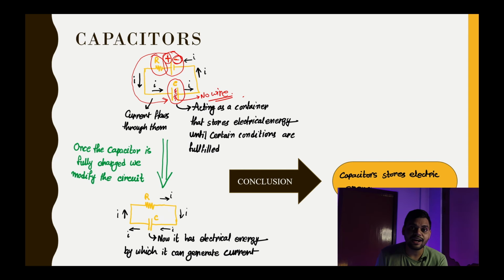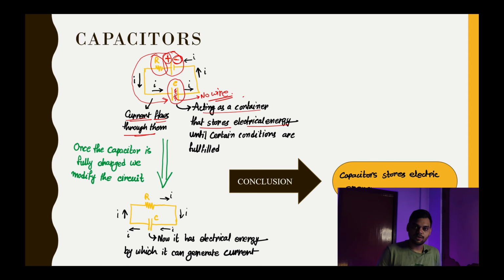They will also encounter a capacitor, but the other plate of the capacitor, and they will accumulate in that part. So imagine this is a capacitor, we will have positive charges stored here and negative charges stored here, creating another potential energy difference. So the current flows through them, and the capacitor acts as a container that stores electrical energy. Obviously it will be electrical energy, we can say potential energy.